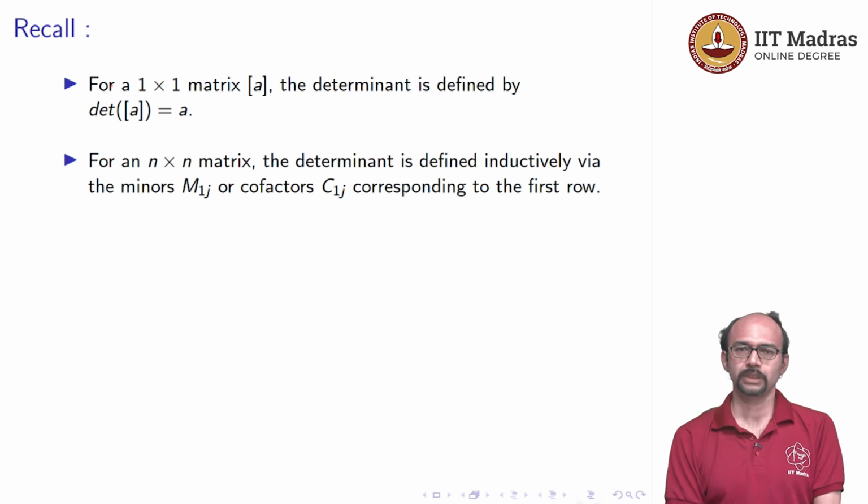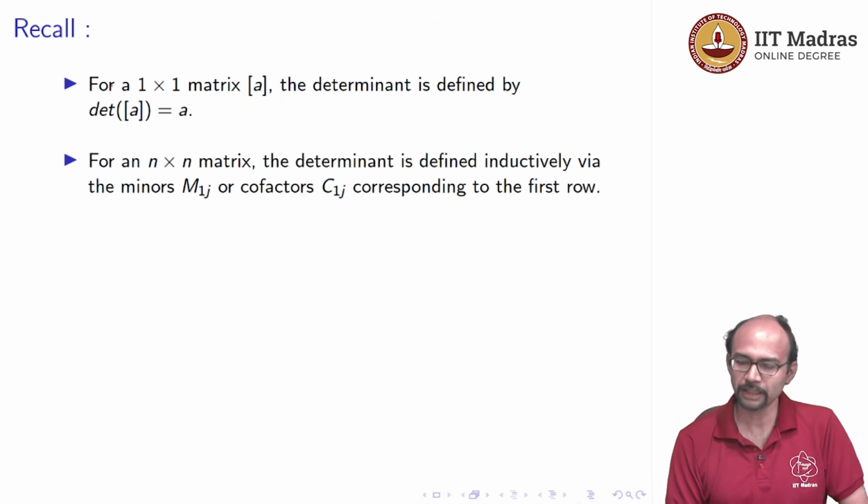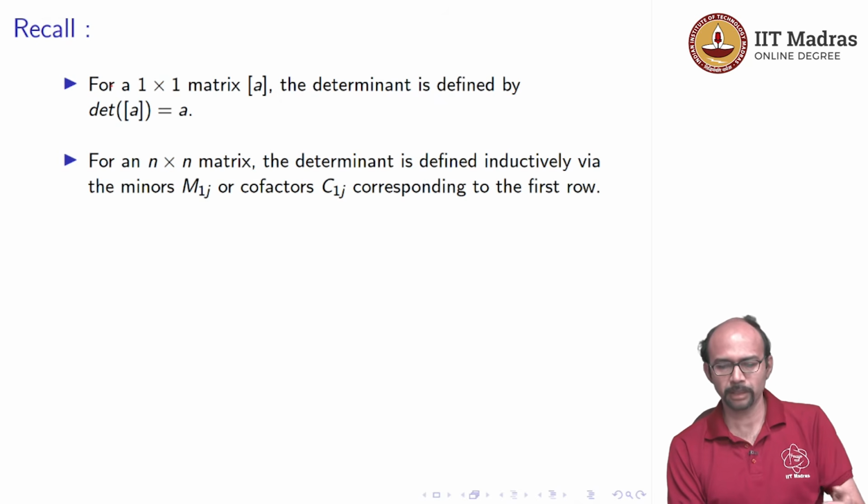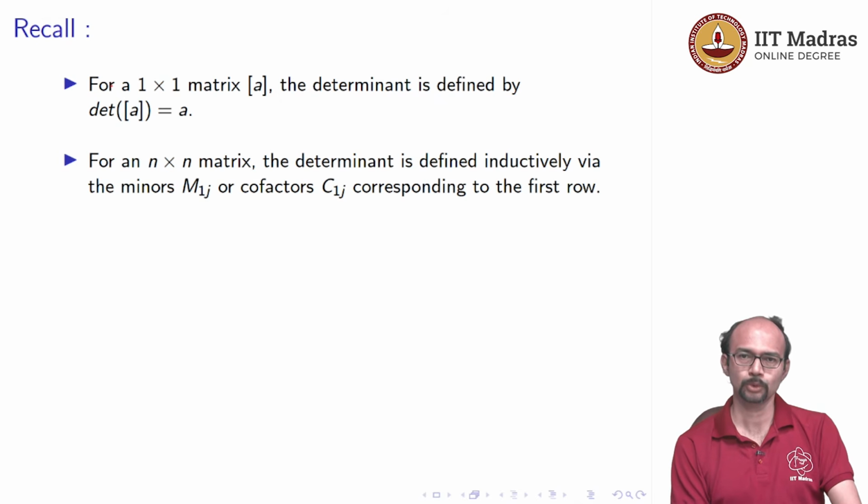And then we said that in general we use the minors or cofactors corresponding to the first row in order to define the determinant. So, that means the idea is if you know how to define the determinant for an n minus 1 by n minus 1 matrix, then you can use this procedure to get it for the n by n matrix.